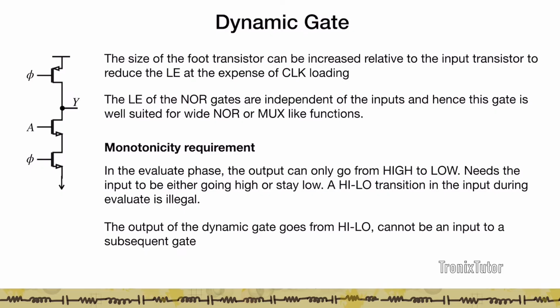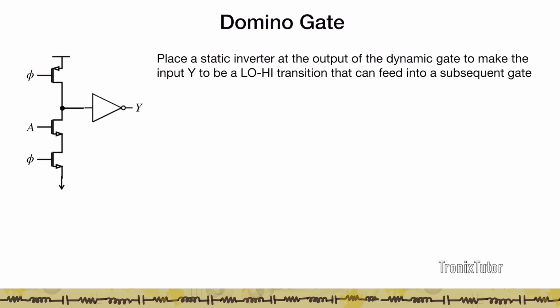So that was one of the big drawbacks of the dynamic gate, and that was fixed by using what is known as a domino gate, where you take this dynamic gate and connect a static inverter afterwards. And so this high to low transition at the output at this node becomes a low to high transition at Y, and now this node can feed another dynamic gate.